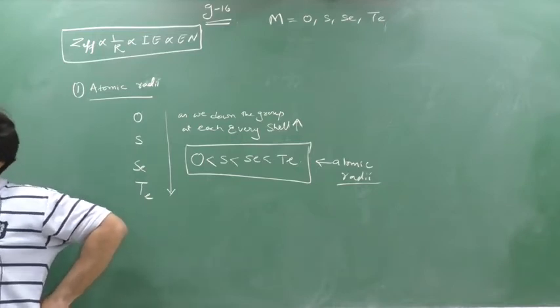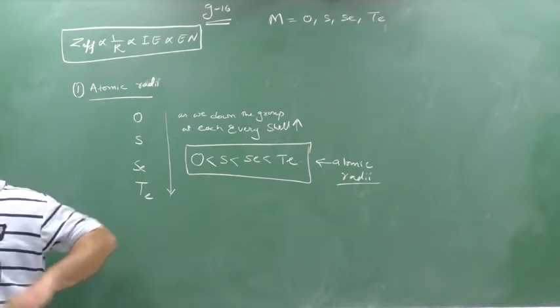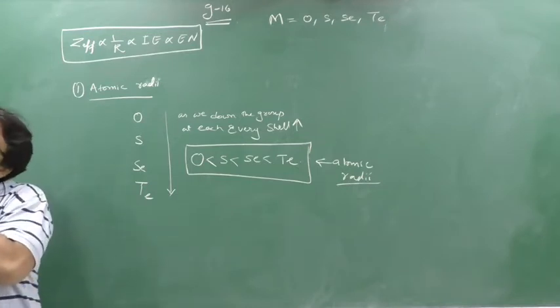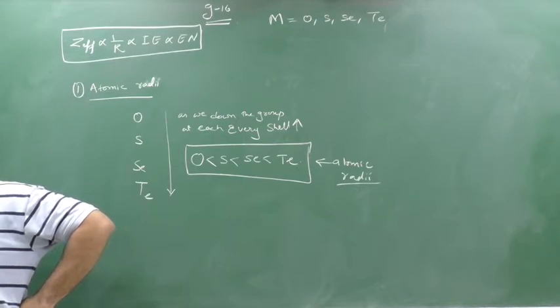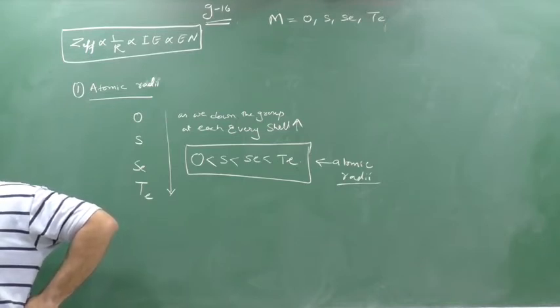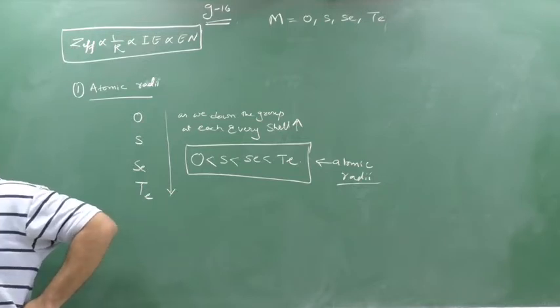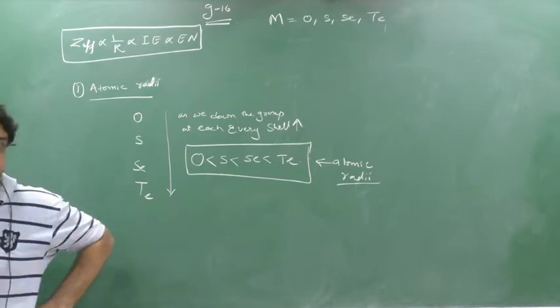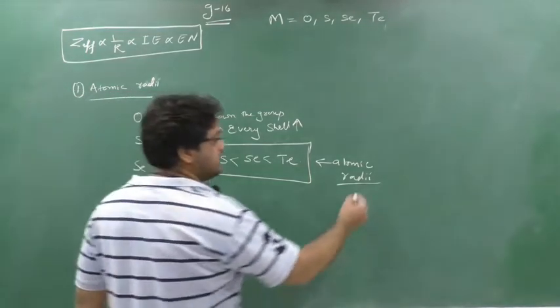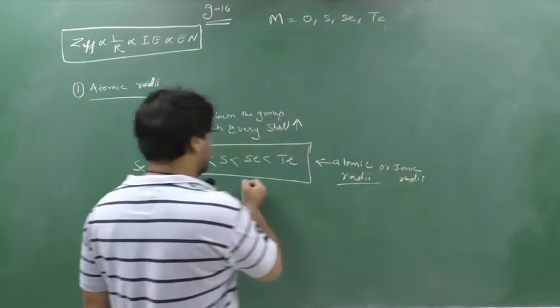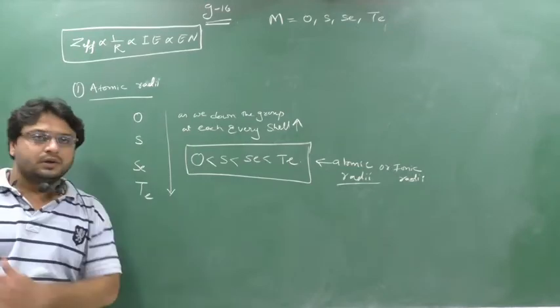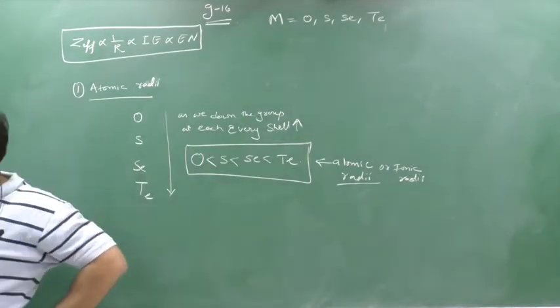So the distance between the outermost orbit and nucleus increases. Hence size increases, that is, atomic radii increases. Clear? Write down this atomic radii, and you can write down the ionic radii also. Both. Write down this series.